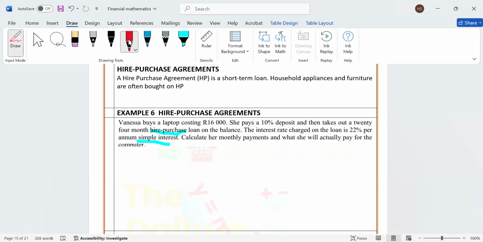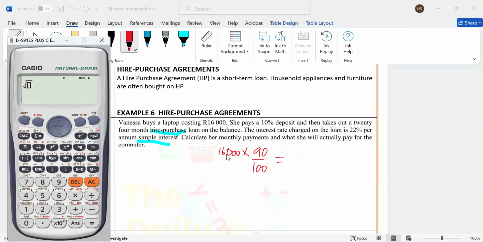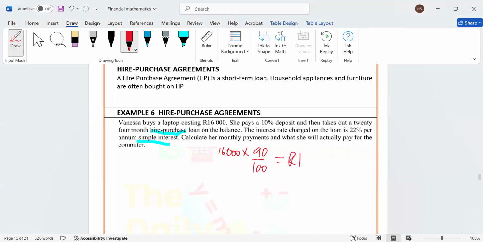We want to know 90% of 16,000, because that's the money we're going to be borrowing. So 16,000 multiplied by 90 over 100 gives 14,400.